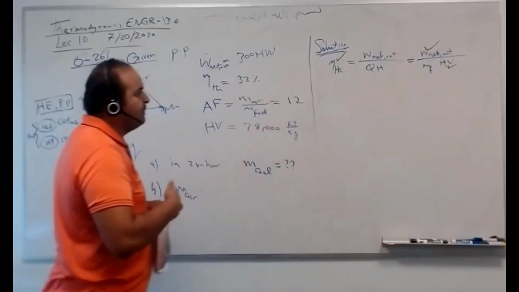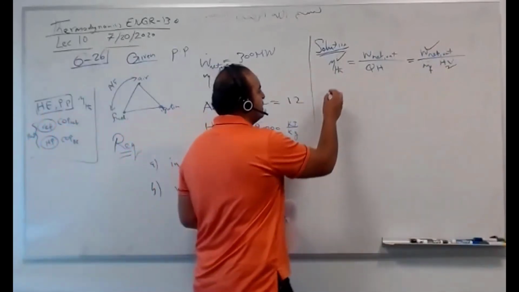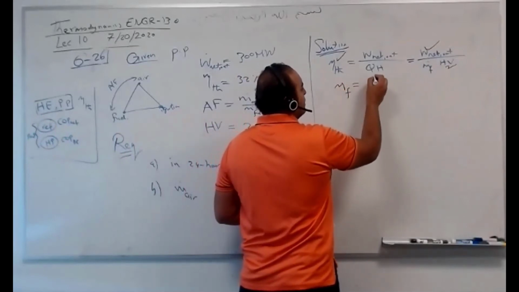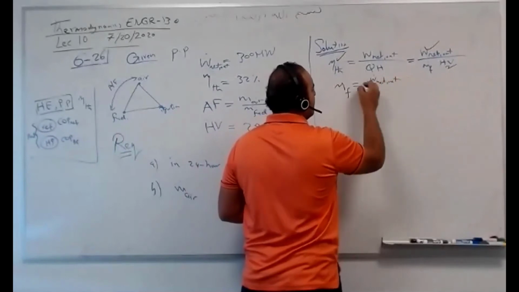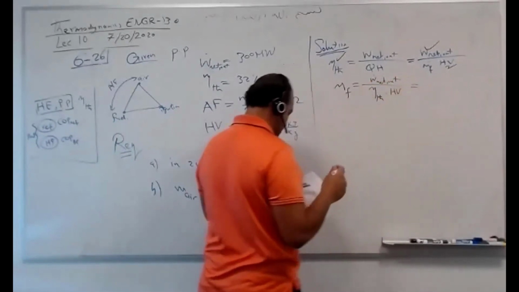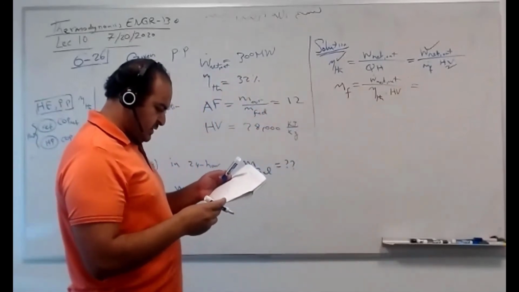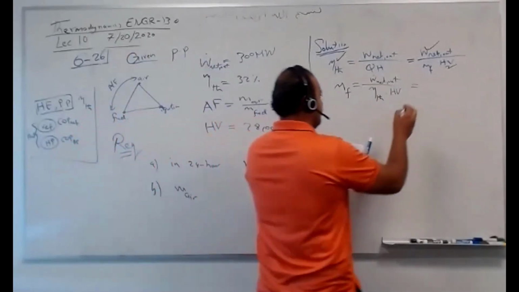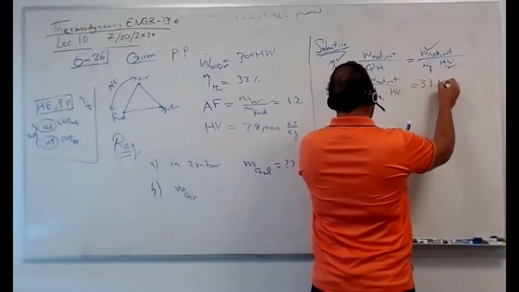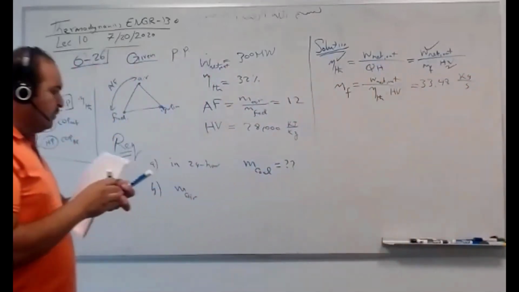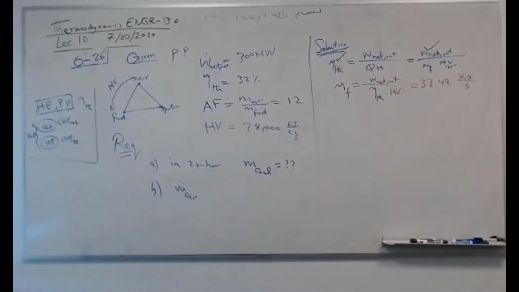If you have one unknown per equation, you are fine, you are great. m dot fuel equal w dot net out divided by eta thermal times heating value, which is how much fuel we can burn in this engine. It was 33.48 kilogram per second. Every second I burn almost 33 kilogram of this fuel.